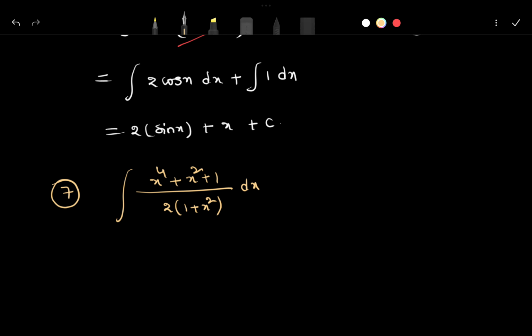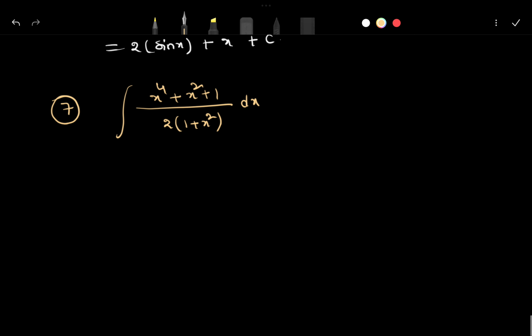By observing this expression, this is an improper fraction. What is the meaning of improper fraction? Degree of numerator is greater than or equal to degree of the denominator. So when improper fractions are given, we should convert them into proper fractions. Then after that we have to do the integration.